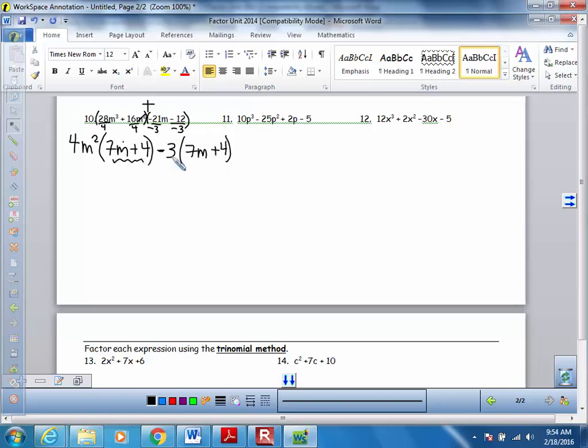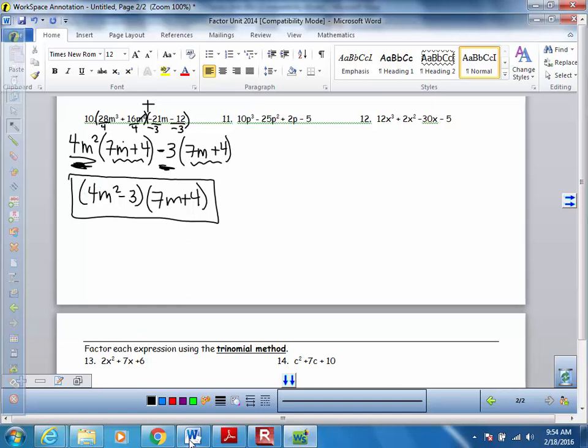Now if I look, these match, so I'm going to write everything outside of the parentheses together. So 4m squared minus 3 goes in 1 parentheses. And then our matching we bring down and write in 1 set of parentheses. And so that would be our answer.